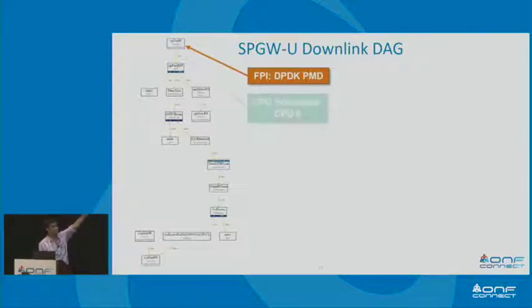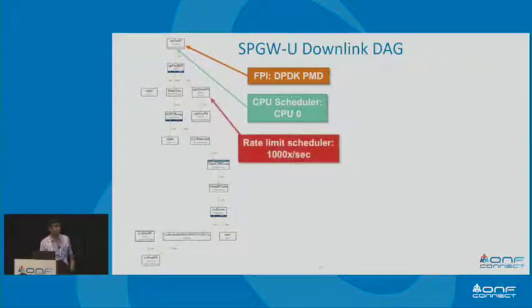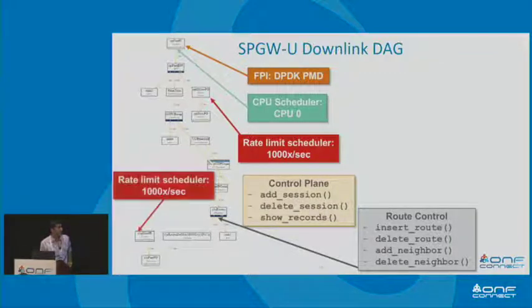I think the fonts are not visible, but I could just tell you verbally: the interface module that is accepting traffic is based on DPDK poll mode driver. Then we have pinned that module to CPU 0. We are rate limiting the slow path to this metric. And finally, the modules can be controlled using a controller which has these sets of function calls.